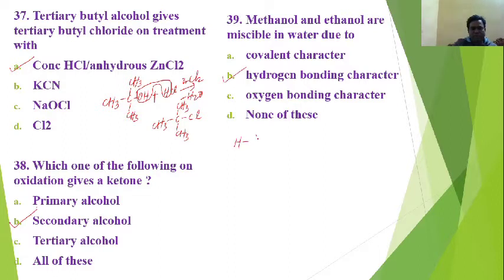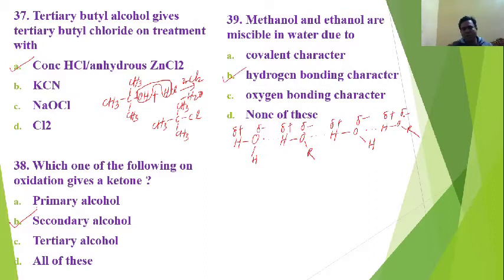So here H-OH, water, and here alcohol, HOR. Here hydrogen is positive, oxygen is negative, hydrogen is positive, oxygen is negative. Similarly, the oxygen of the OH group of alcohol also combines with the hydrogen of water.